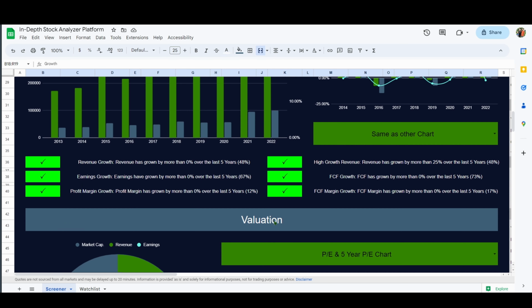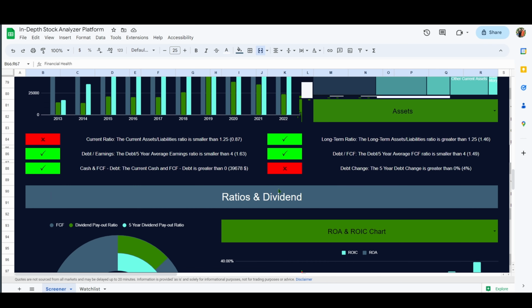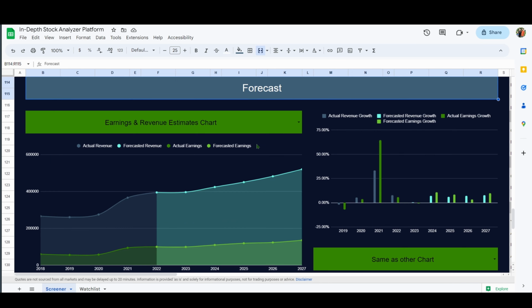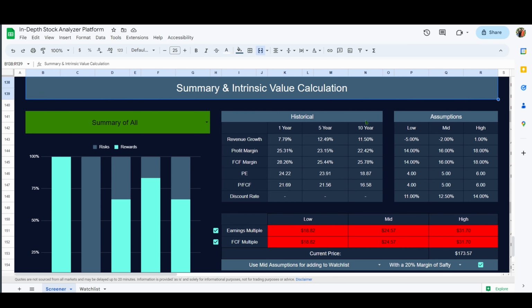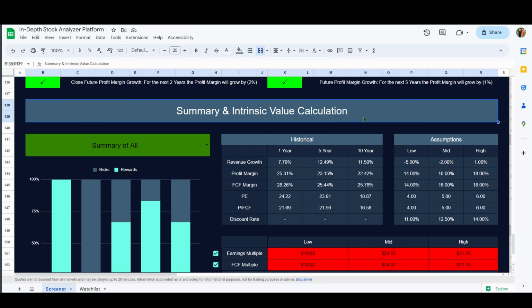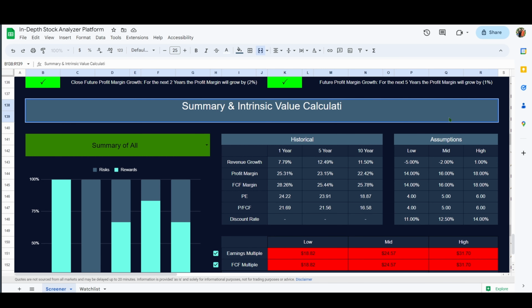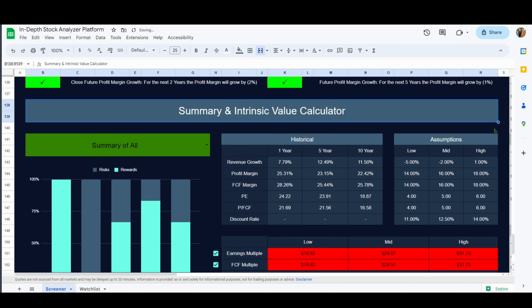You have growth, valuation, financial health, ratio and dividend, and then the forecast, and then the summary and intrinsic value calculator. I'll just name it calculator.